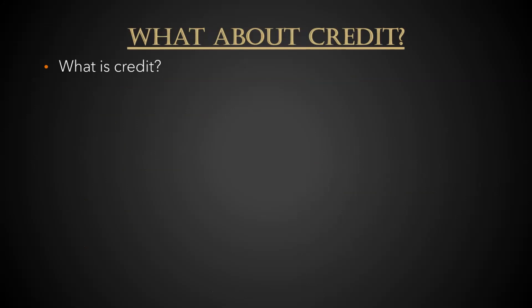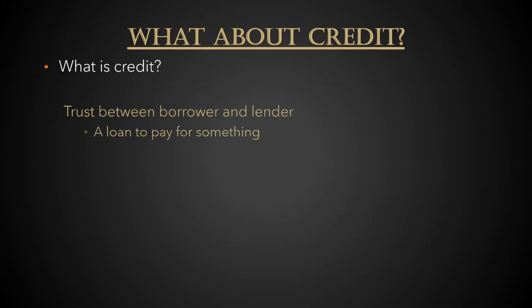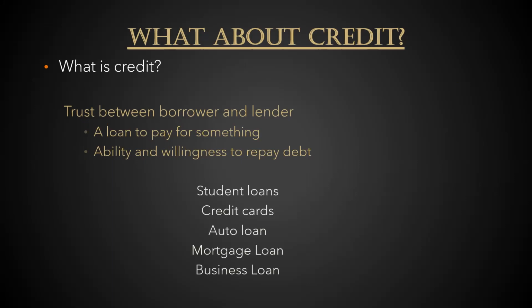So what about credit? What is it exactly? It's trust between a borrower and a lender. It's a loan. It has to be repaid. And it also takes into consideration your ability and your willingness to repay that loan or debt. These are various different forms of credit. Yes, student loans are a form of credit.